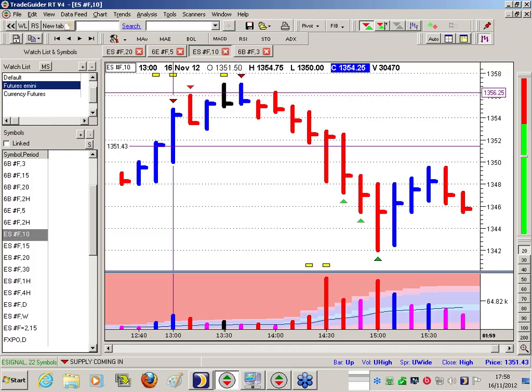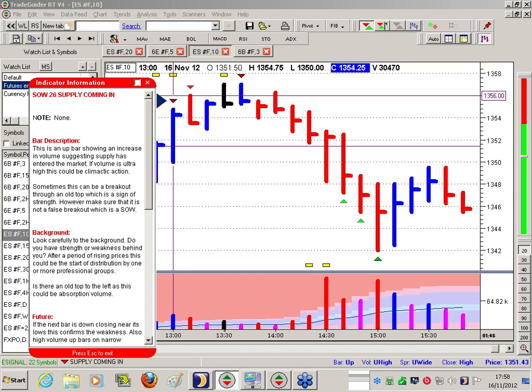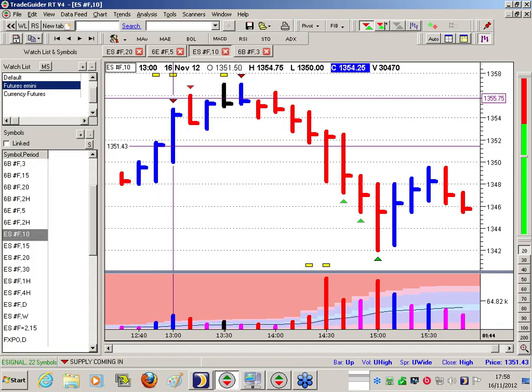That's a good hour before the market opens in America. Right, so we've got the first signs of weakness here. Look, the spread is up, and the computer told you there's supply coming in. So that warns you, widespreads up like that.